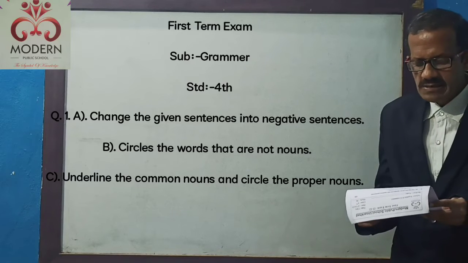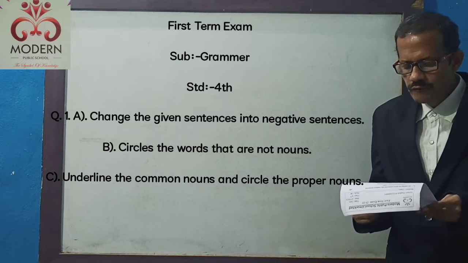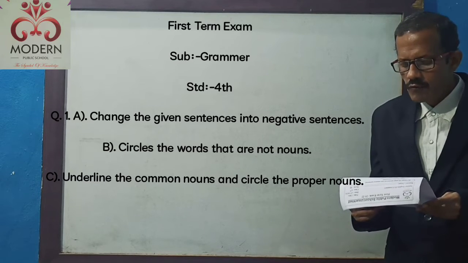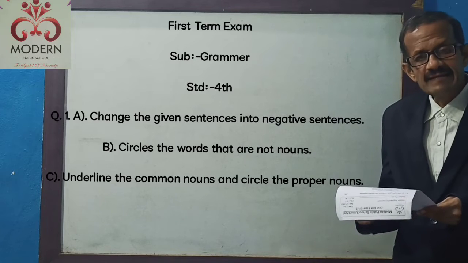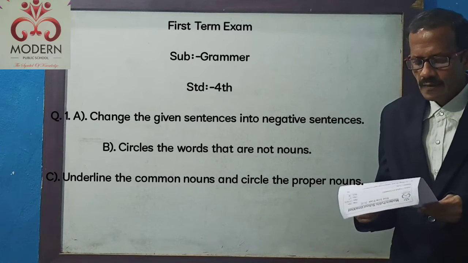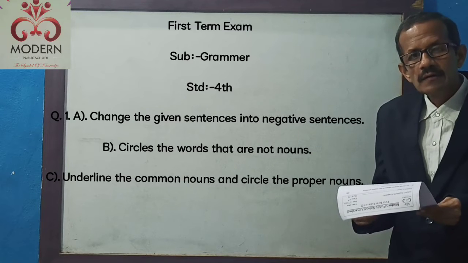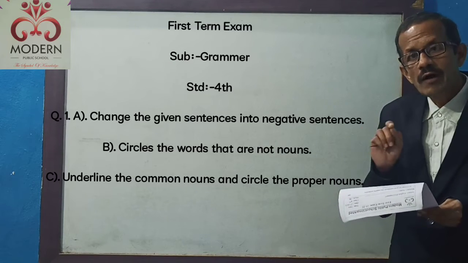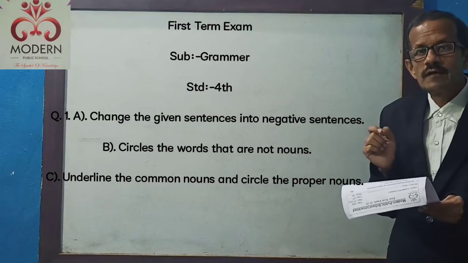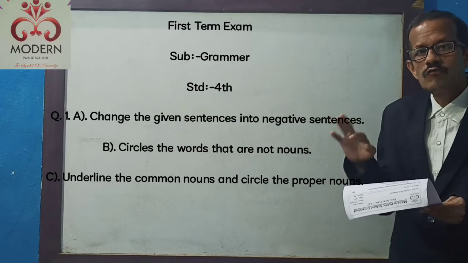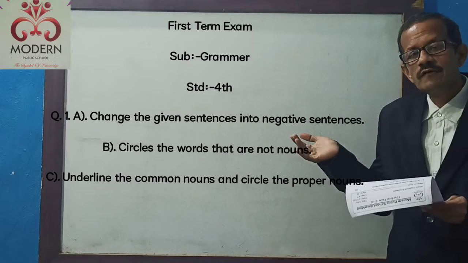Then question number 1C. Underline the common nouns and circle the proper nouns in the given sentences. Some sentences are given here. In each and every sentence, you have to first find which are common nouns and which are proper nouns.